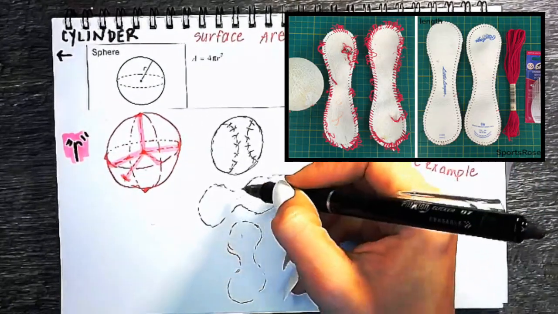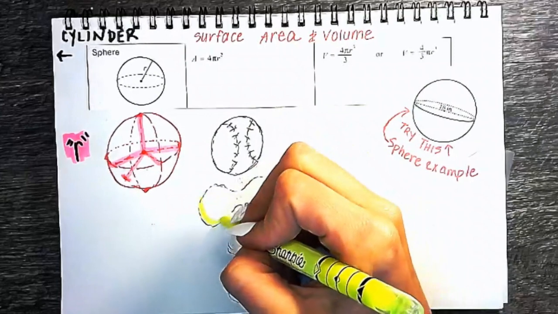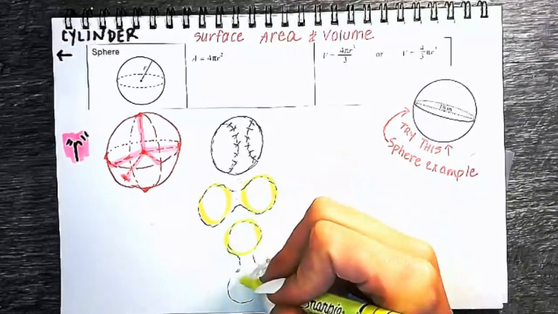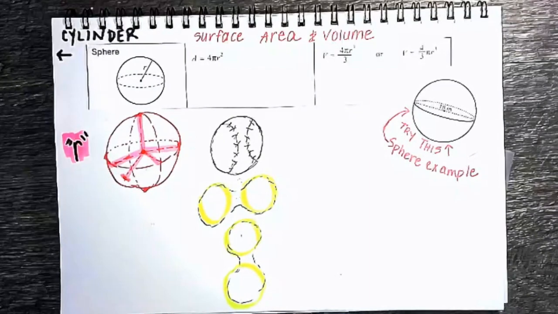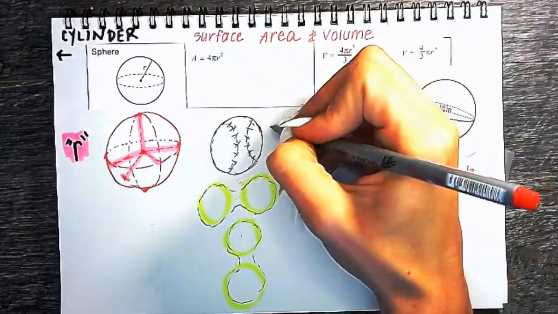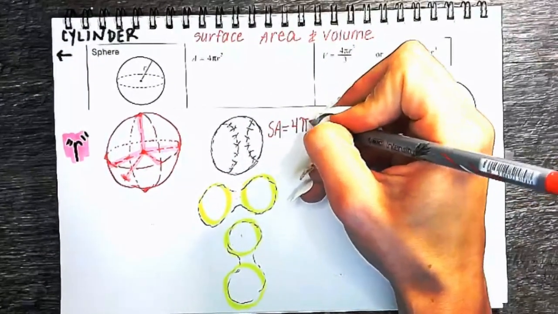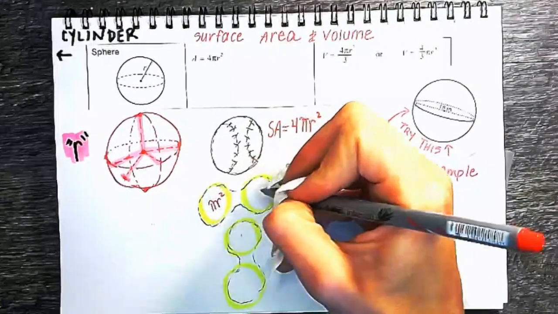So if you think about it, what is the baseball made of? It's made of 1, 2, 3, 4 circles. Since it's made of 4 circles, the surface area is 4 pi r squared. Surface area equals 4 pi r squared. Pi r squared is the area of each of those circles.